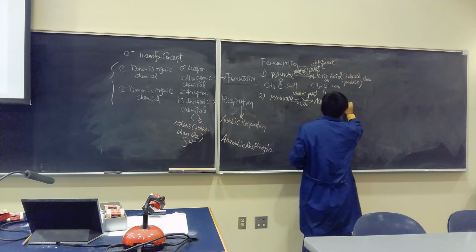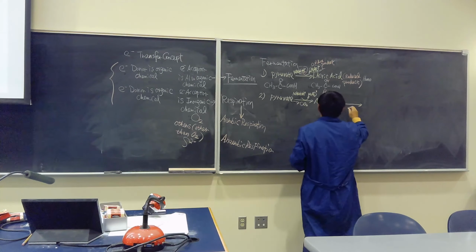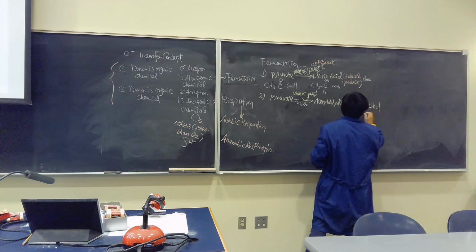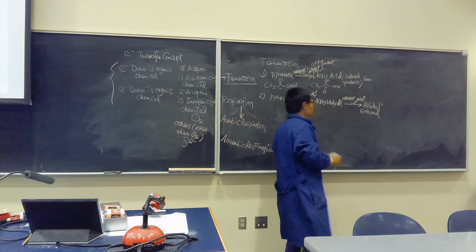And this acetaldehyde will further reduce, NADH become NAD plus, will become alcohol. Or we don't say it, we say it's ethanol. Okay, ethanol is actually alcohol, but we just say ethanol.